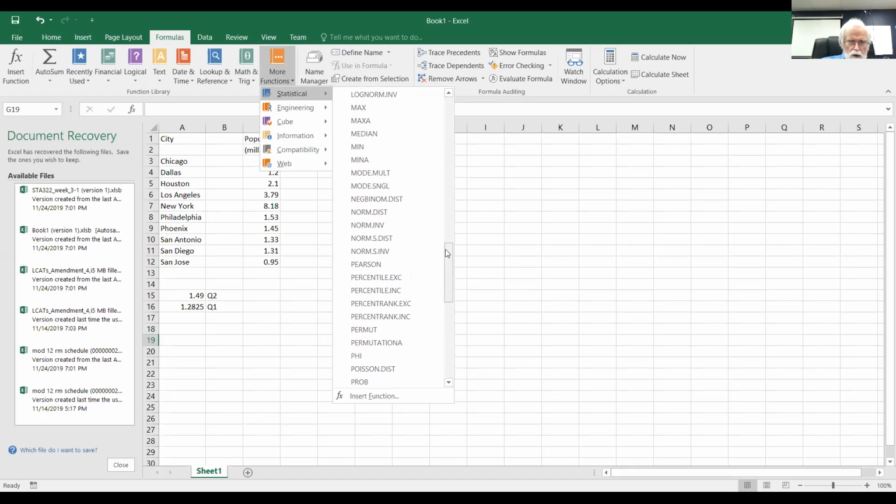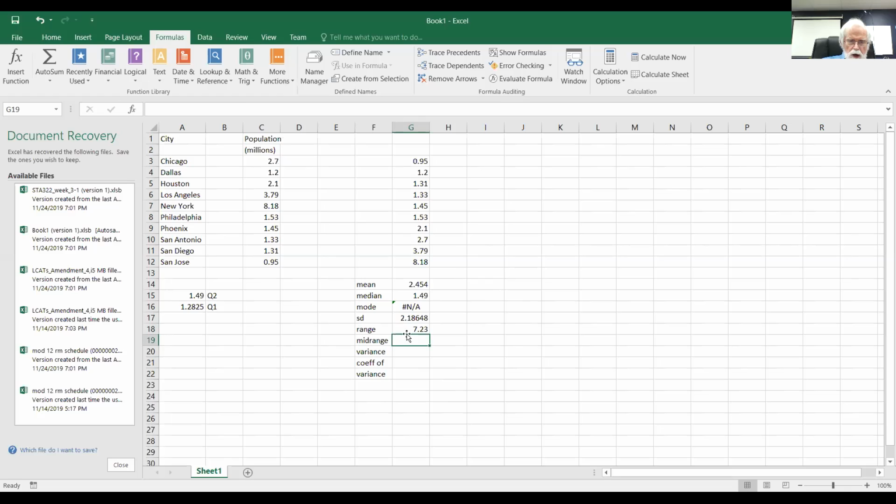It's not there. So mid-range is simply halfway between the two, so it is the range divided by 2. So here we're just going to do the calculation equals G18 over 2, and we'll get that in there. So mid-range here is 3.615.